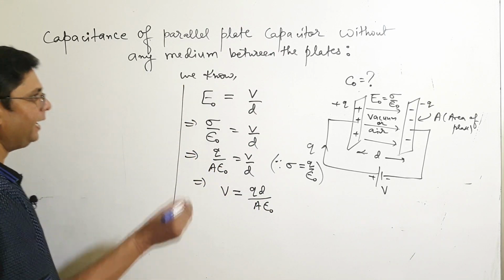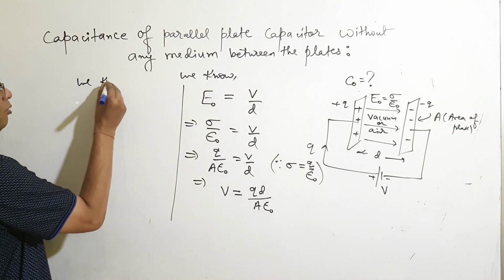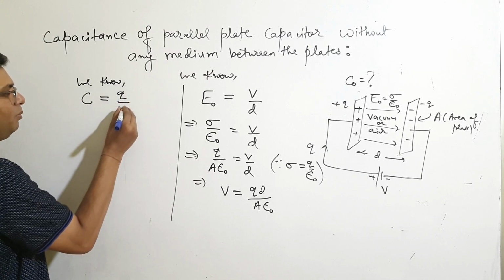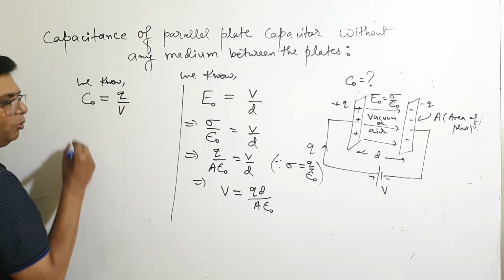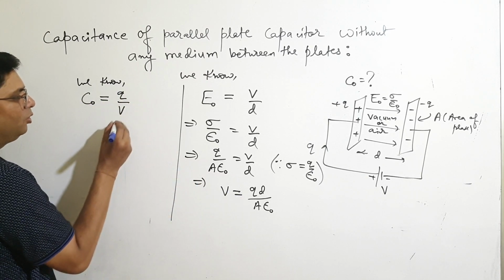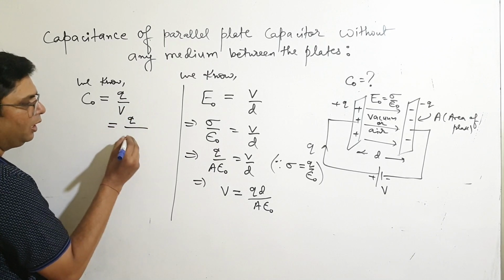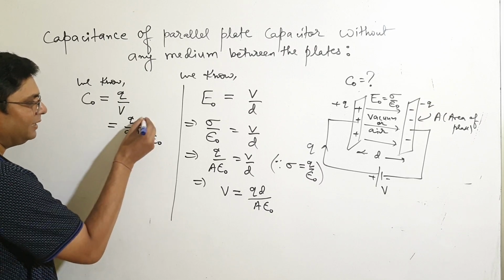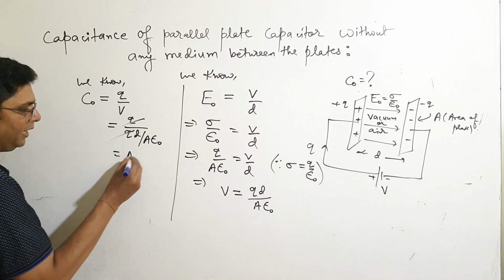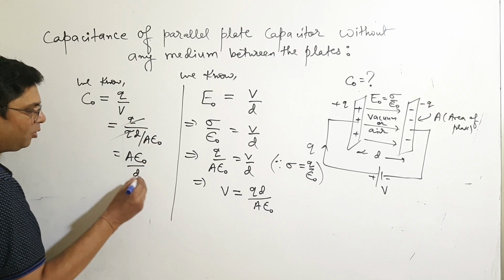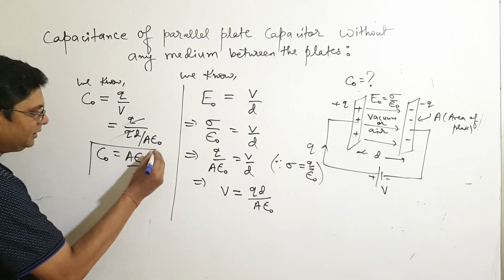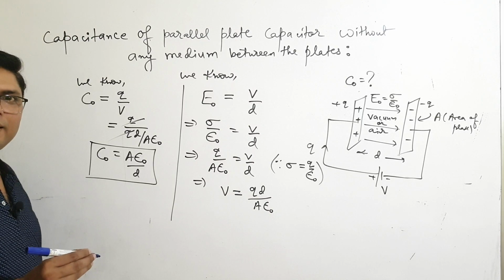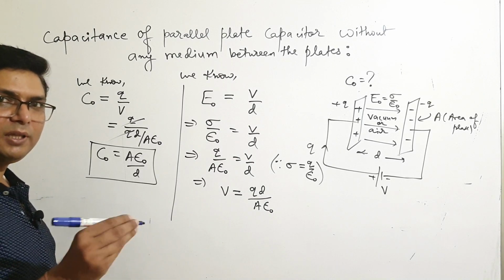Now we know that C is equal to Q by V. So write C naught here and put the value of V from this equation. V is equal to Q d upon A epsilon naught. Cancel this Q. So you have A epsilon naught upon d. This is C naught, the equation for capacitance of a parallel plate capacitor without any medium between the plates.